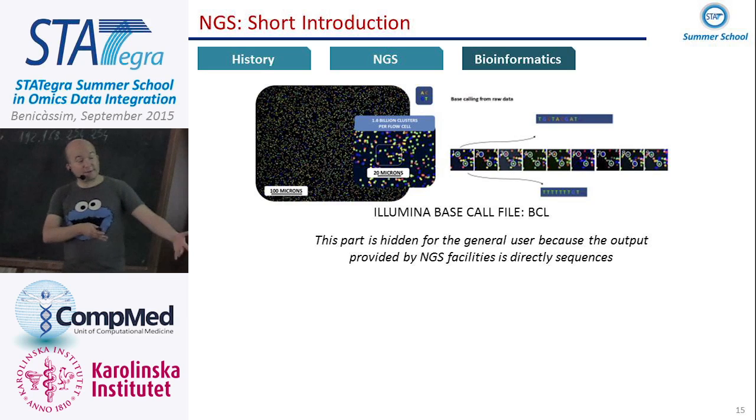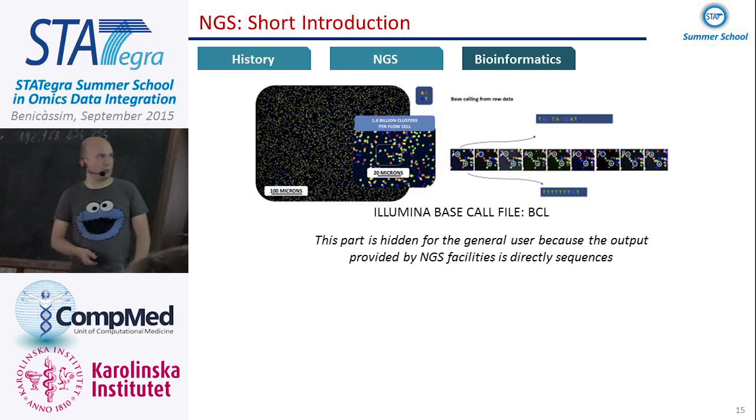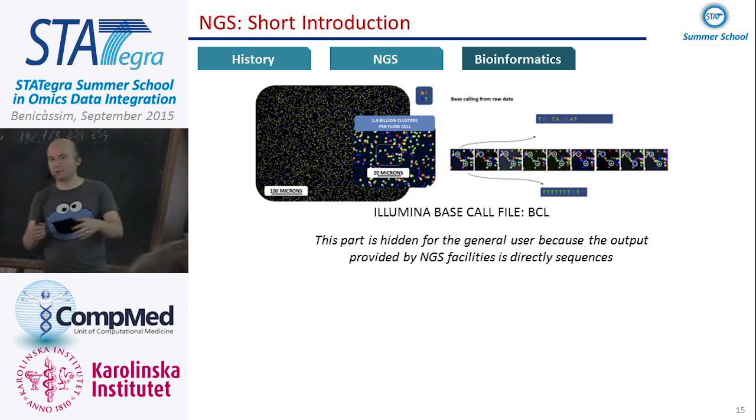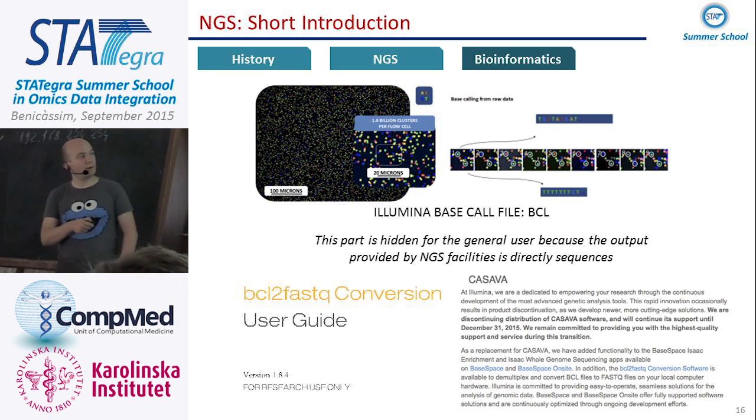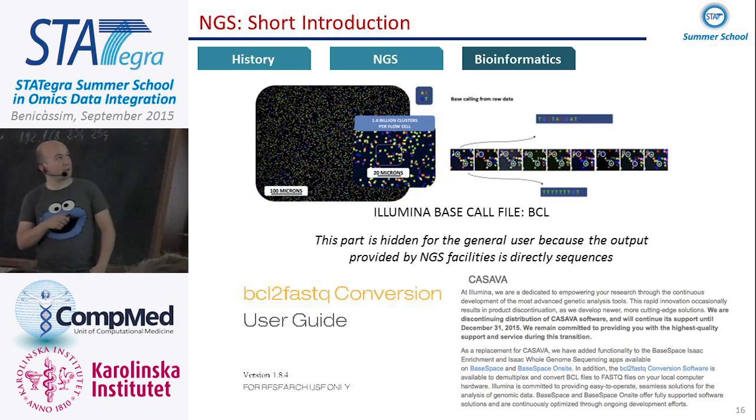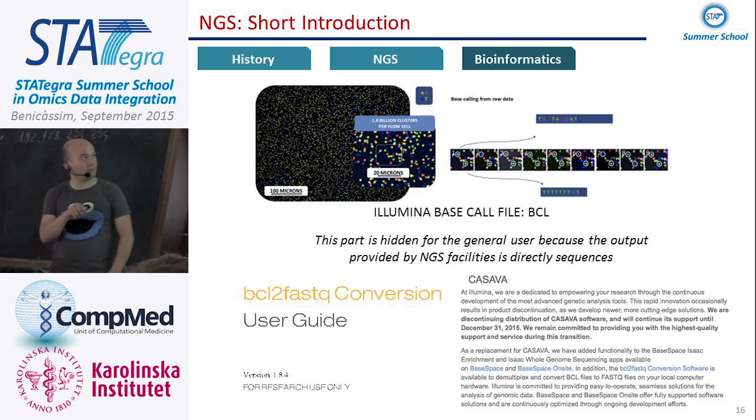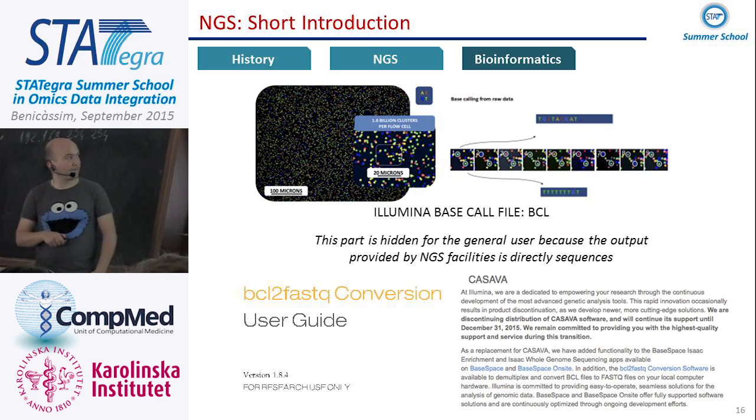Compared to microarrays, where at the beginning quite a lot of people were working on better algorithms for this scanning, Illumina developed their own packages, originally CASAVA, then this BCL to FastQ. So it's the base calling to FastQ, and it will give us the sequencing.